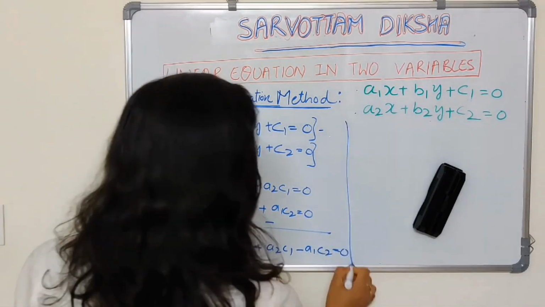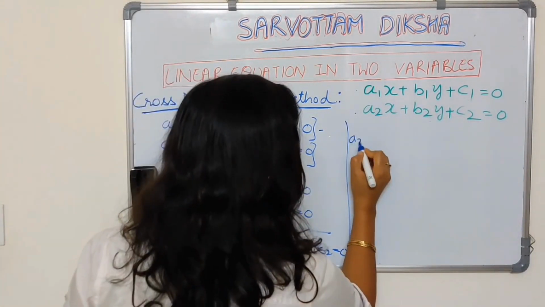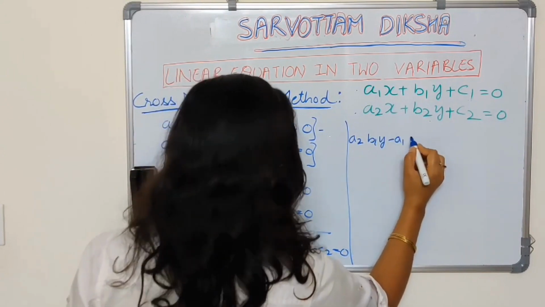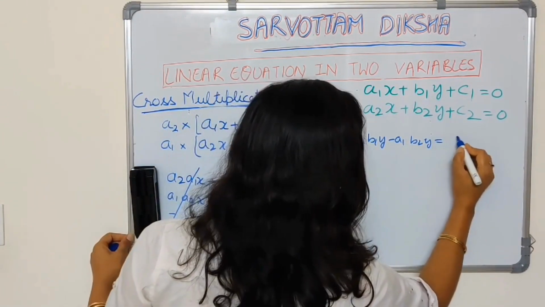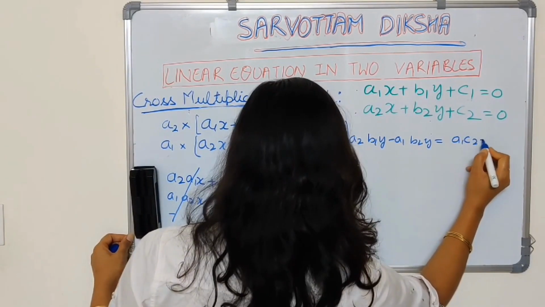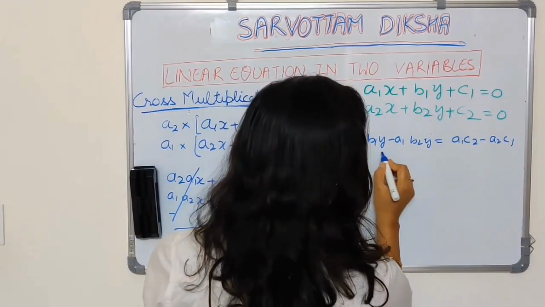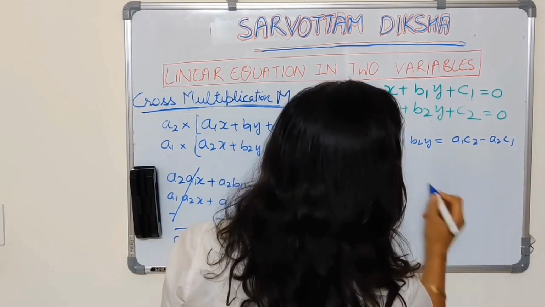What will happen now? I will take constants on the other side. So I will get a2b1y minus a1b2y equal to a1c2 minus a2c1. I can take y common here and the coefficient of y will go in the denominator.